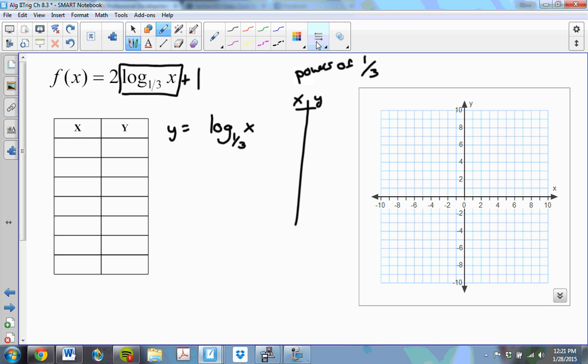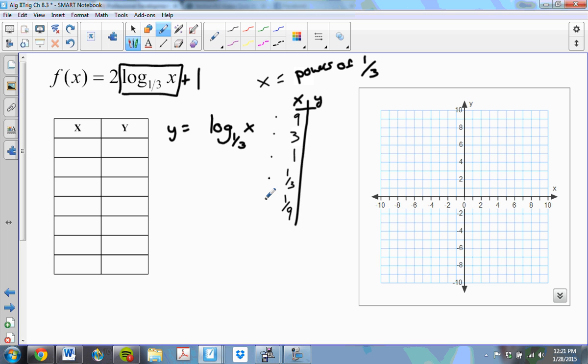Well, 1/3 to the 0 is 1. That's what I plug in for x. 1/3 to the first is a third. 1/3 to the second is a ninth. 1/3 to the -1 is 3. 1/3 to the -2 is 9. So those are powers of -2, -1, 0, 1, 2. So I'm going to evaluate this first.